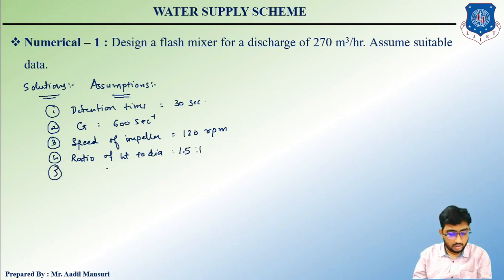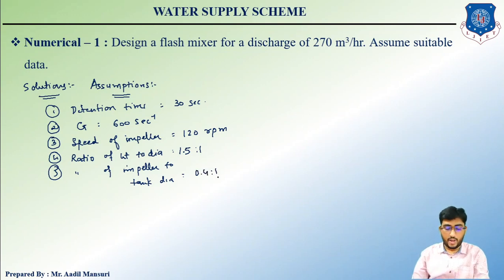And last, ratio of impeller to tank dia, that is equal to 0.4 is to 1. So these should be the assumptions.